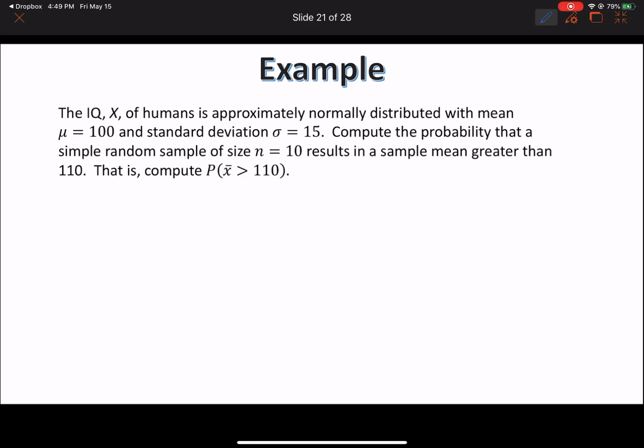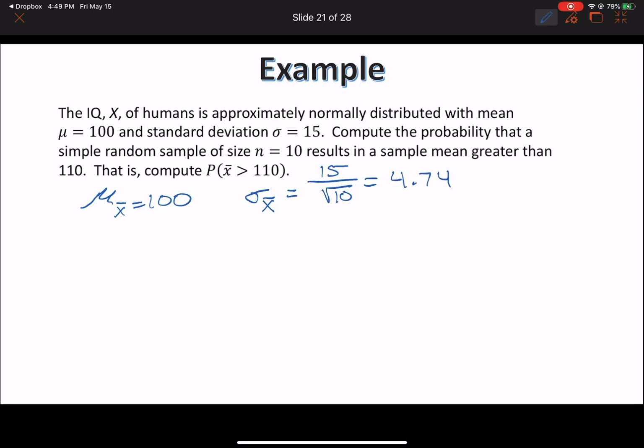All right, hopefully you got that done. So let's take a look. First thing I'm going to do is write down that my mu sub x bar is 100. My standard deviation, my sigma sub x bar, is going to be 15 divided by the square root of 10. So 15 divided by the square root of 10 is approximately 4.74.